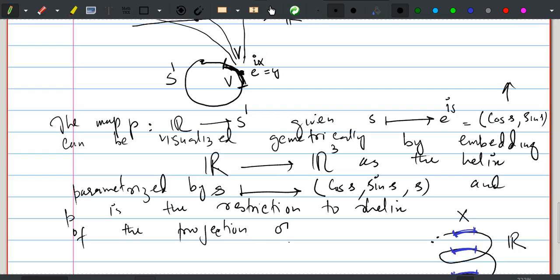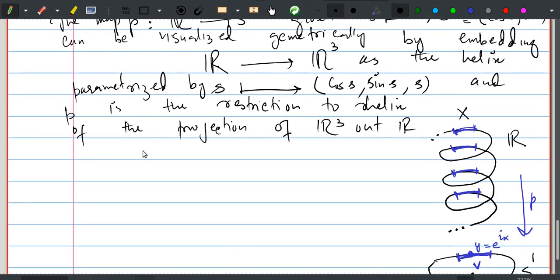So this projection is given as: this x, y, z, which is a point on the helix, is mapped to the point x, y.